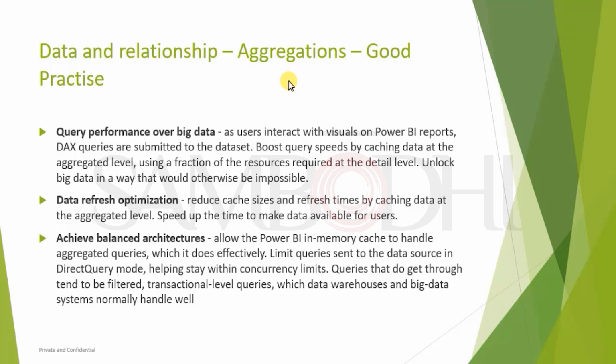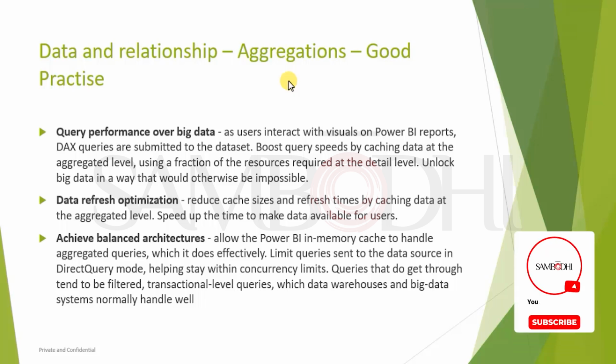So rather than refreshing your entire table set, you just refresh the summary table based on direct query and you are good to go. Achieve balanced architectures. Allow the Power BI in-memory cache to handle aggregated queries, which it does effectively. Limit queries sent to the data source in direct query mode, helping stay within concurrency limits.